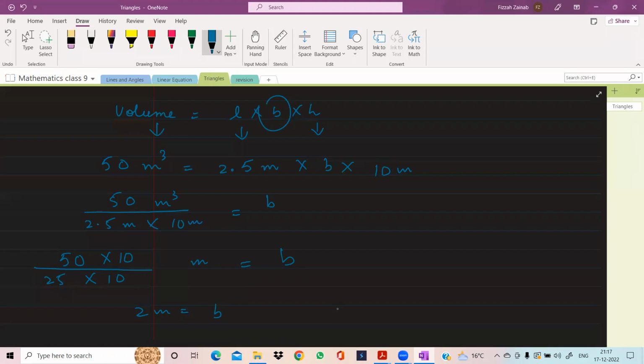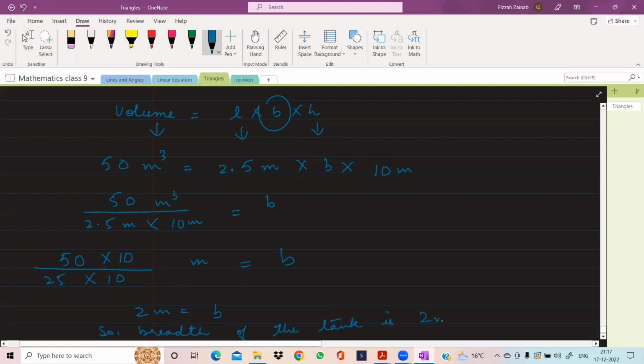Yeah, Jaslyn, understood. So breadth of the tank is 2 meter.